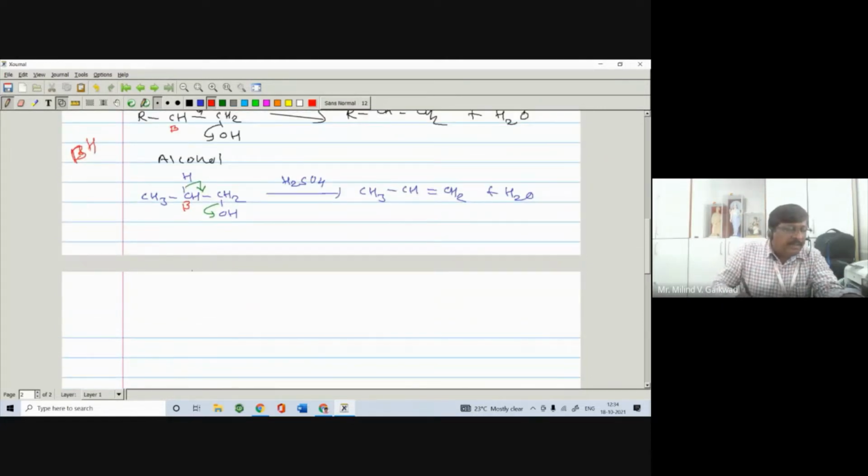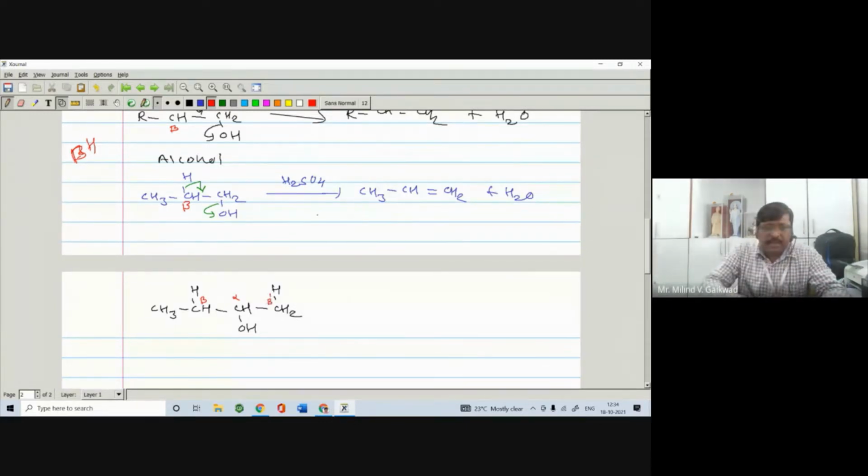The next example: if it contains two beta hydrogen atoms, then what happens? You get a major and a minor product. Suppose you have CH3, then CH with H, then CH-OH, and here is also CH3. This carbon is the alpha carbon, this is the beta carbon, and this is the beta dash carbon.